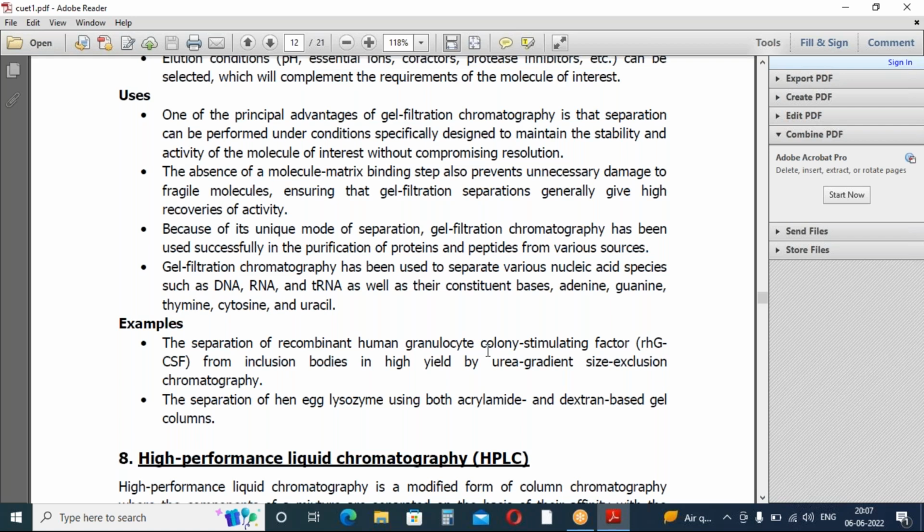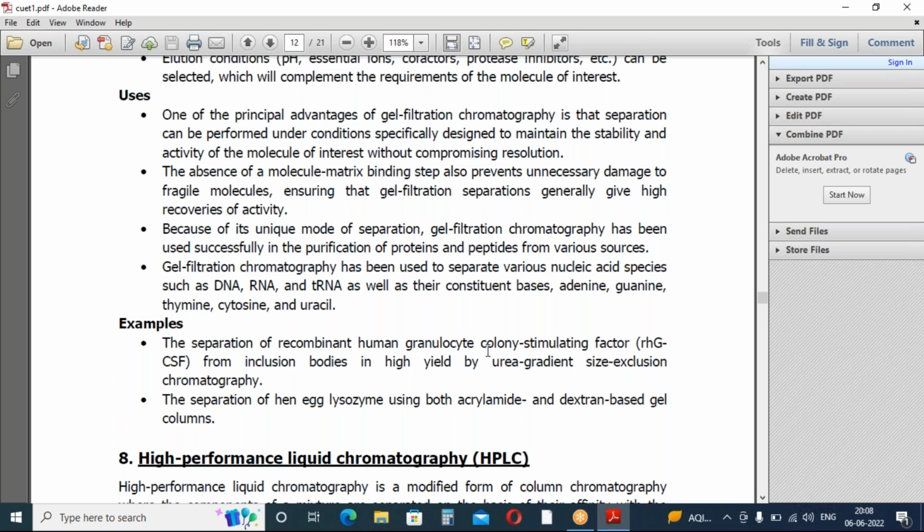What is elution? Okay, good. We are using two phases now: stationary phase and mobile phase. We are using these stationary and mobile phases for the separation of the particles, using different types of components.